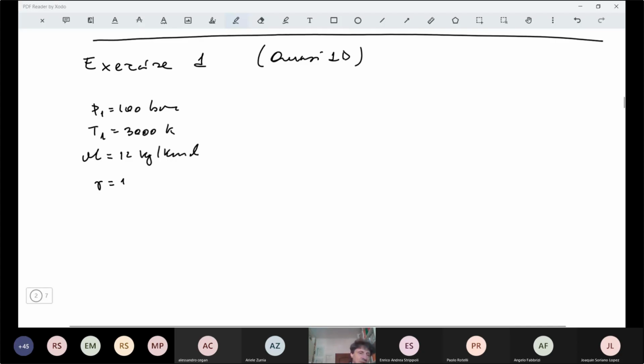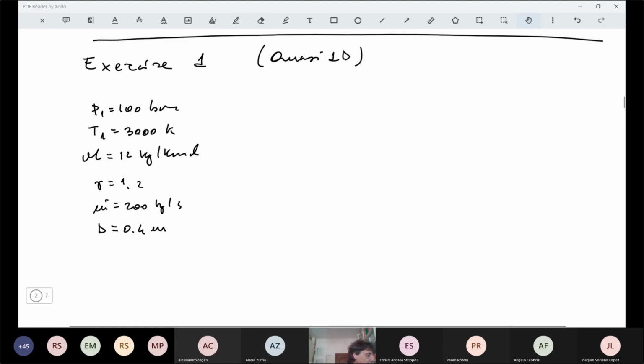Gamma is 1.2. Mass flow rate is 200 kilogram per second, and the cross-sectional diameter is 0.4 meters. These are the inlet conditions.